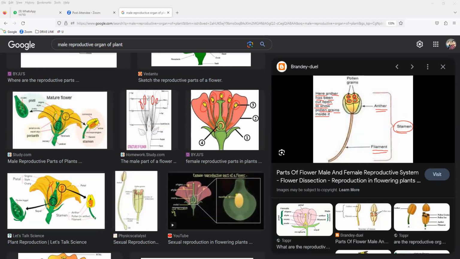Stamen is the male reproductive organ of a plant, which will produce what, guys? Male sex cells or female sex cells? Yes, it will produce male sex cells.